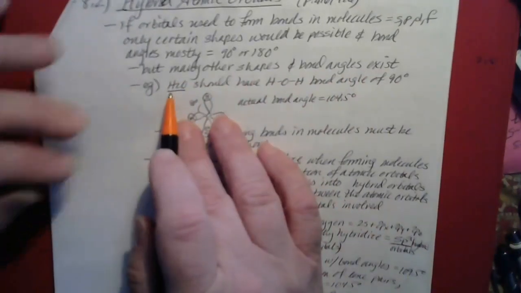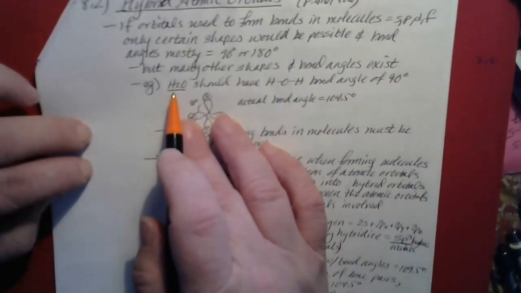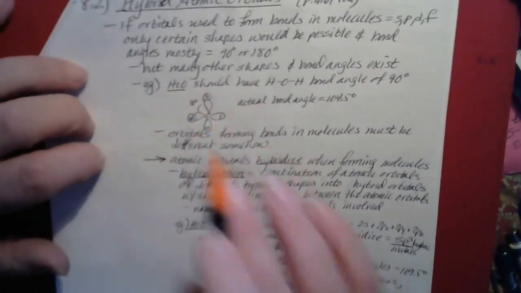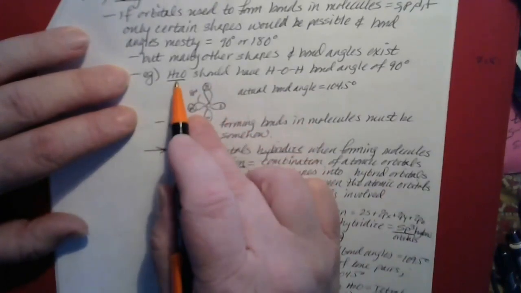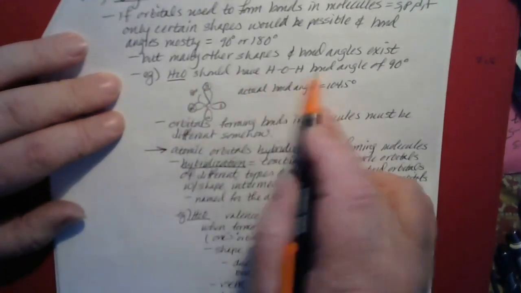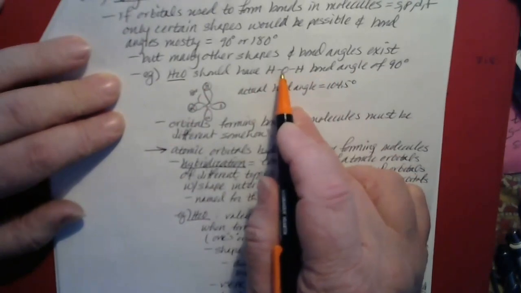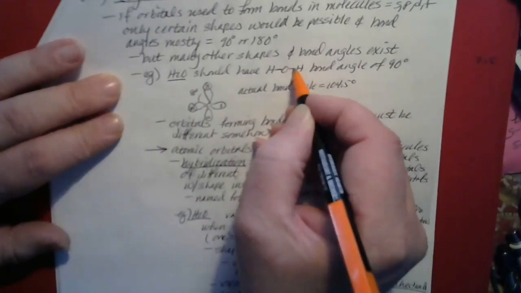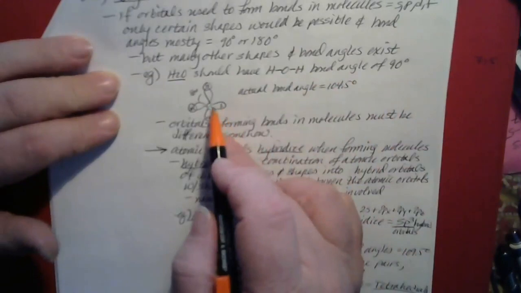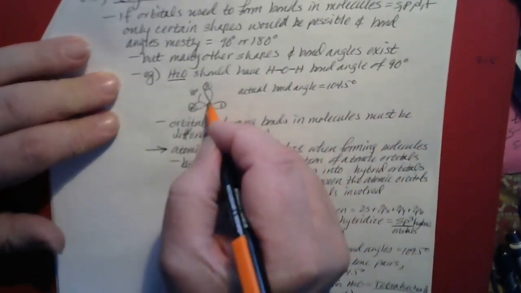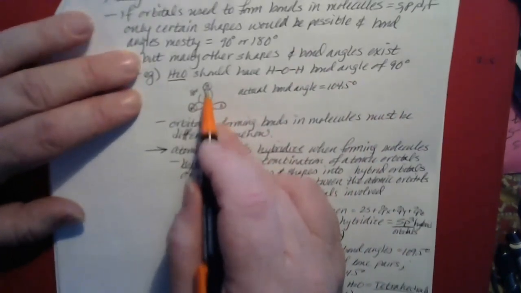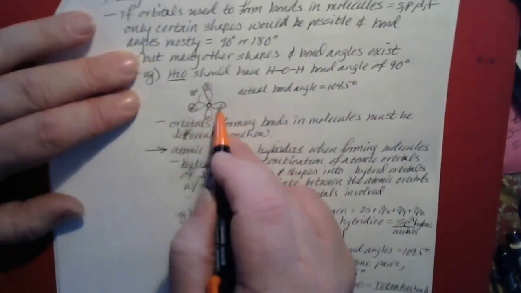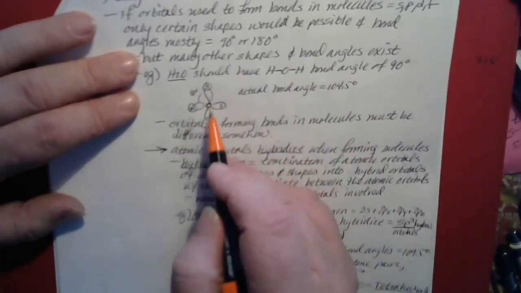And the question is, why would that be? Looking at the Lewis structure and the VSEPR structure too, for that matter, you would expect that water should have a bond angle from hydrogen through oxygen back to the other hydrogen of 90 degrees, because it's the p orbital on the oxygen that's bonding to the s orbital in the hydrogen, and the lobes of the p orbitals are 90 degrees to each other.